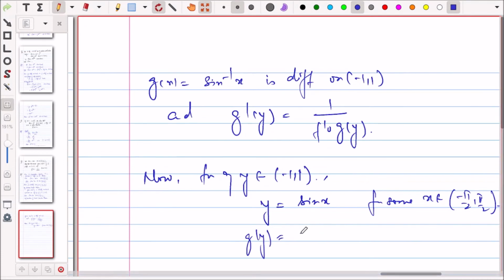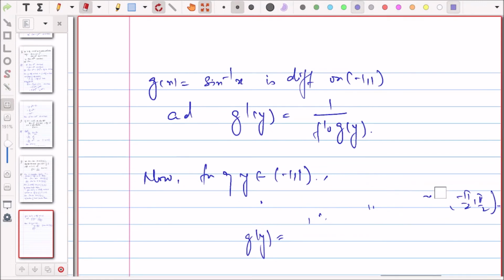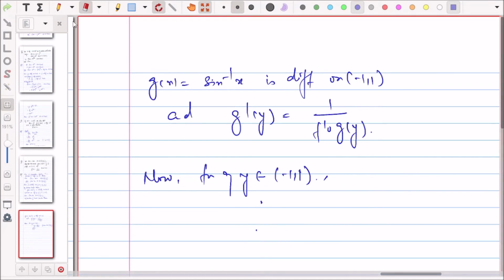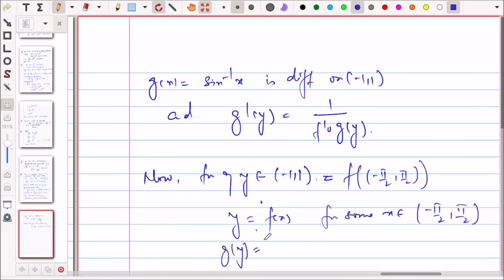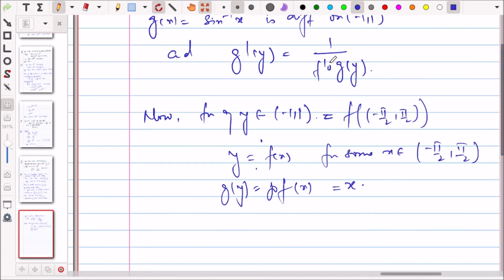So g(y) is equal to, make this f(x), because this is the range set of f, this is f of I, since we have to bring g(y) in terms of f. So this is your f of minus pi by 2 to pi by 2, so this implies that y is equal to f(x) for some x belonging to minus pi by 2 to pi by 2, so g of y is equal to g of f(x) which is equal to x, so here x will come for us, okay.